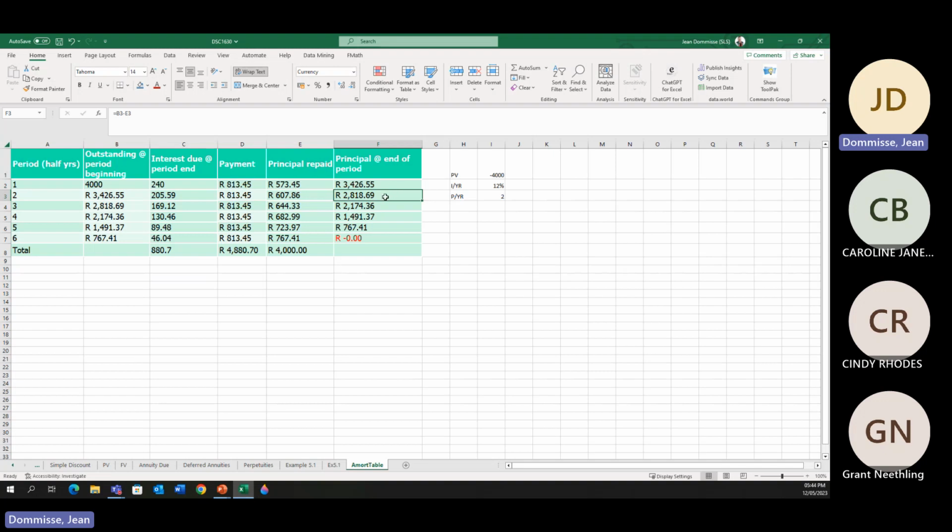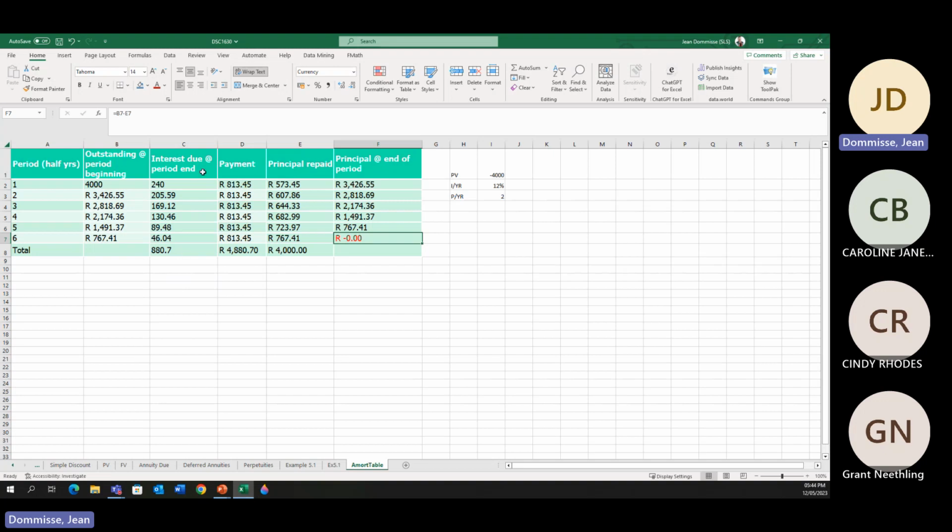Your new value at the end of that term becomes your present value, and you basically continue with that process. What you will then in the end see is that your principal at the end must be zero, so that will be your future value will be zero.